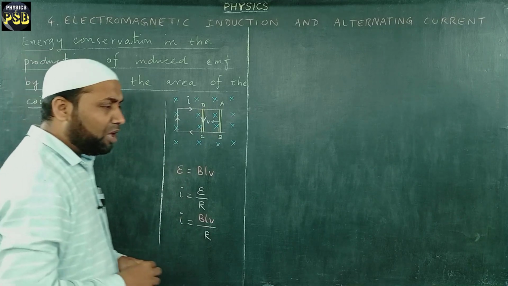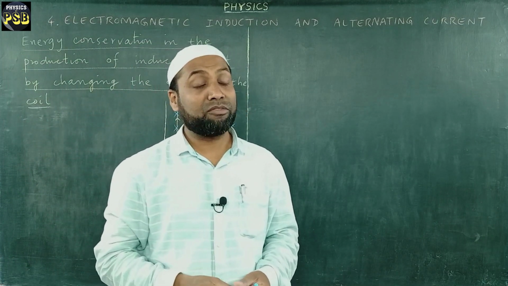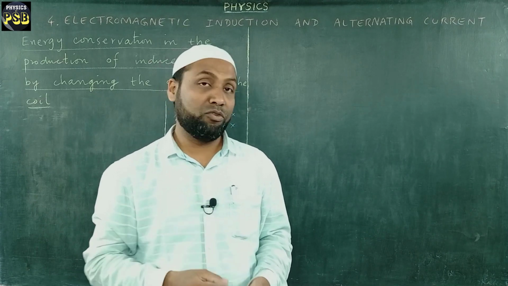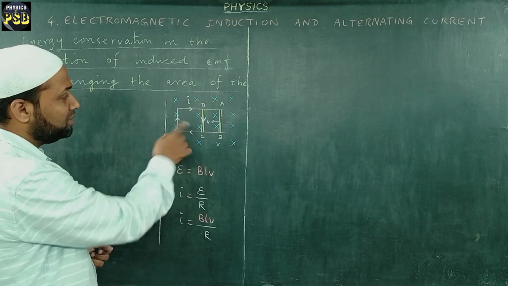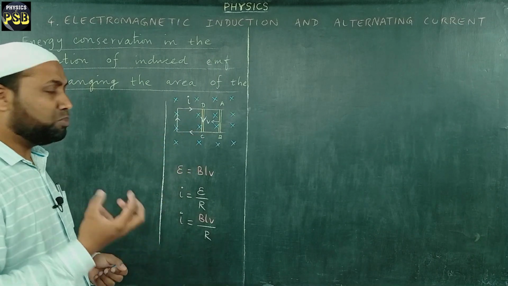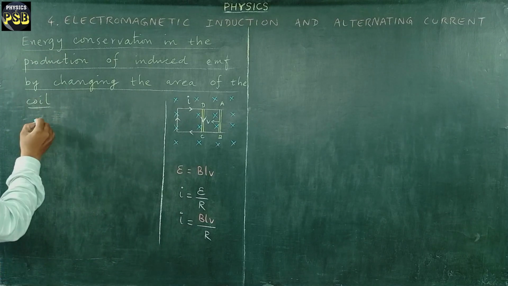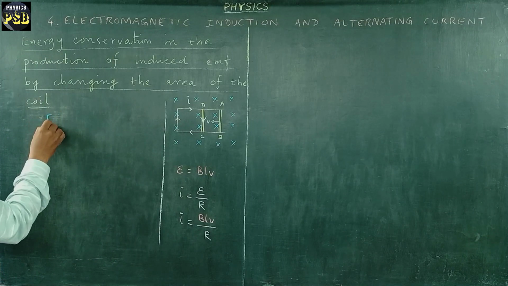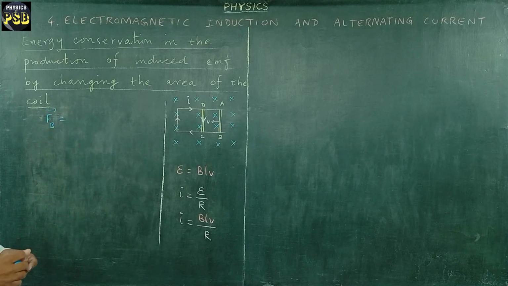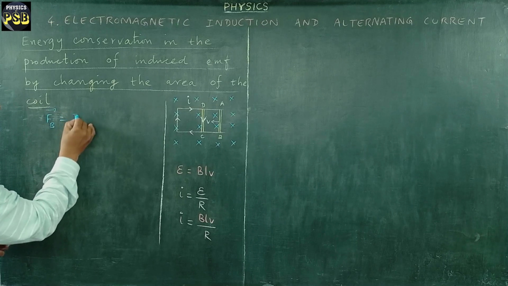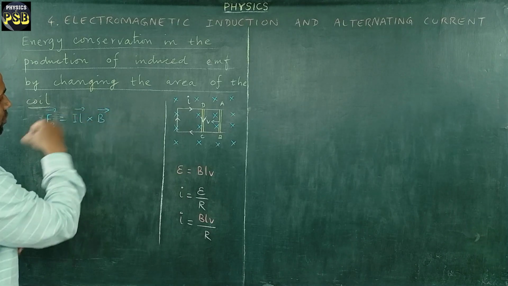We have studied long ago that a current carrying conductor placed in a magnetic field experiences a force. This force is known as magnetic force and represented as FB vector, and is equal to the cross product of IL vector and B vector.